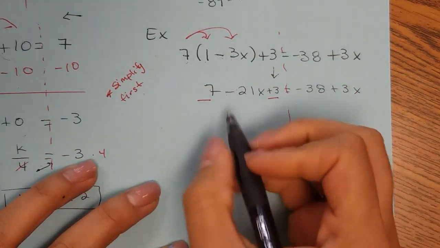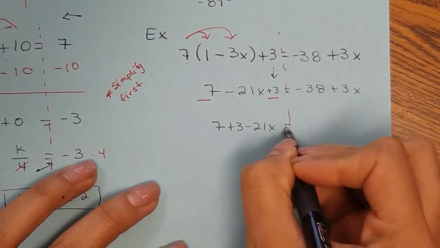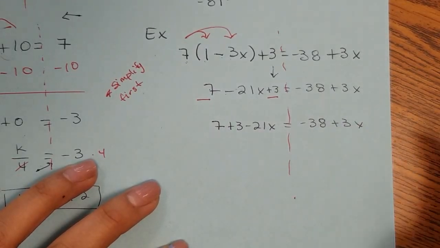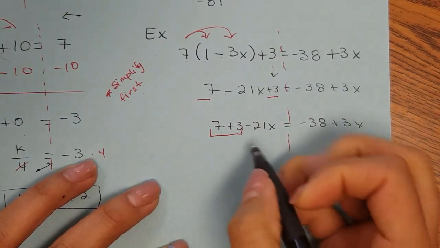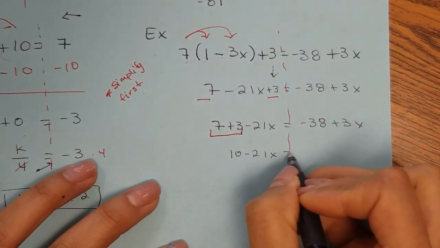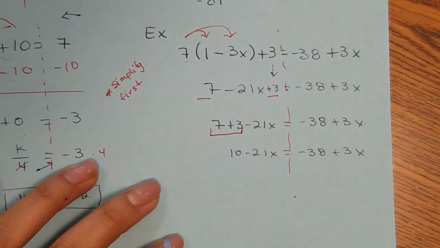I'm just going to rewrite it so you see what I'm doing. So 7 plus 3 minus 21x is equal to negative 38 plus 3x. And I don't expect you guys to do all this rewriting. This is just so you can see what I'm doing. 7 plus 3 is 10 minus 21x is equal to negative 38 plus 3x.